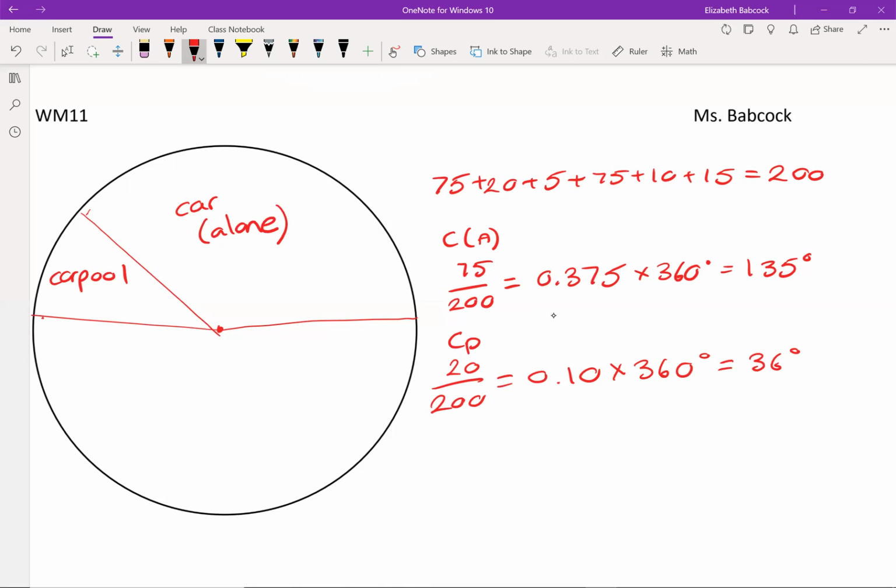Next is motorbike. Excuse me. And that was 5 out of 200, which was 0.025 times 360 degrees. Gets me 9 degrees, so that's very tiny. Line it up on the bottom line. 9 degrees. Okay. So that was motorbike.